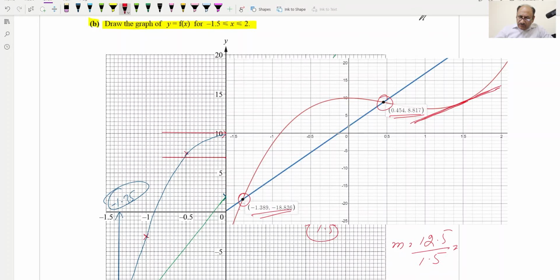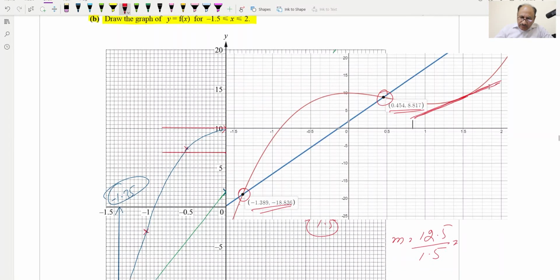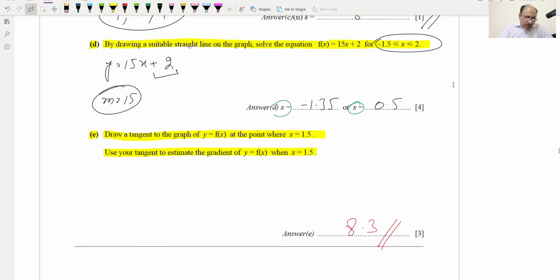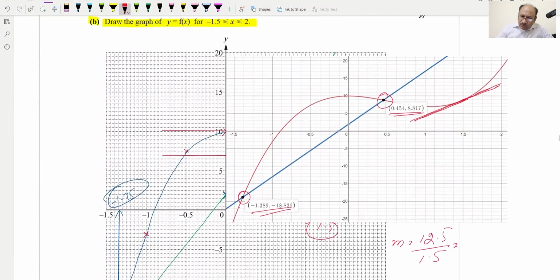And the gradient of this graph we have already done over here. This is this one, m is equal to 15. Basically this is the straight line which we have drawn, and the gradient is this one. At x is equal to 1.5, the gradient is 8.3, which we have calculated for this one.